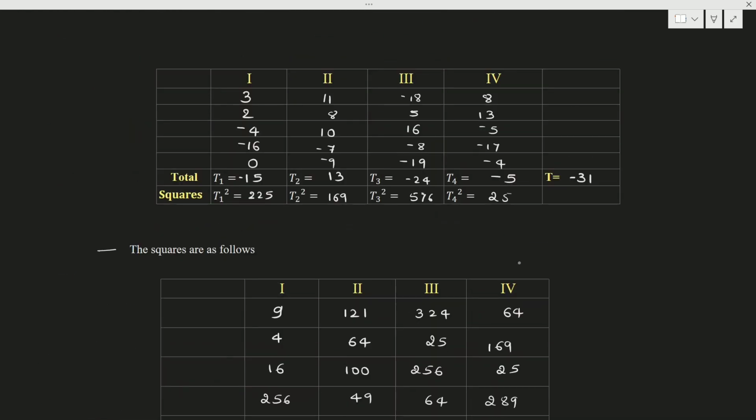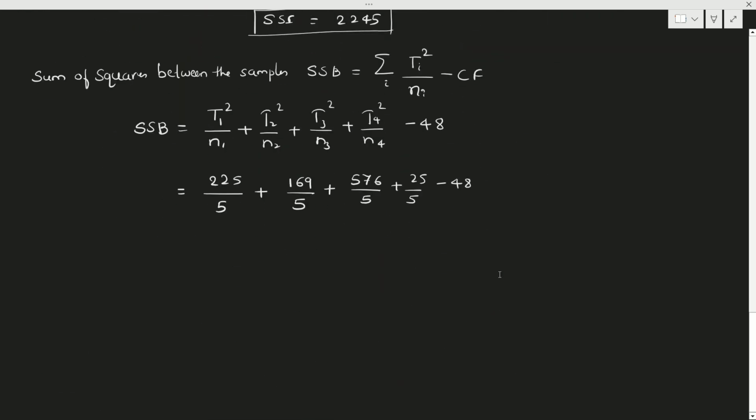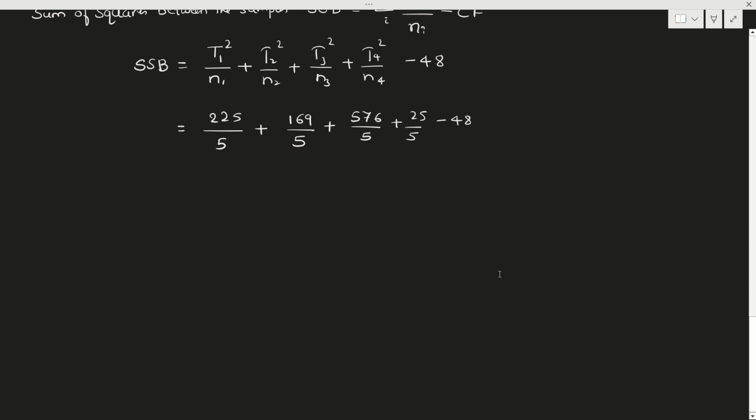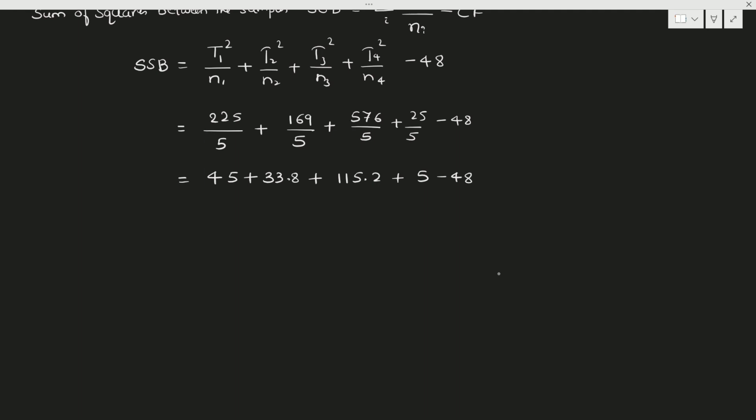Here, these values 225, 169, 576, 25. Items are 5. Now simplify it. 225 divided by 5 plus 169 by 5, so we get 45 plus 33.8 plus 115.2 plus 5, minus 48.